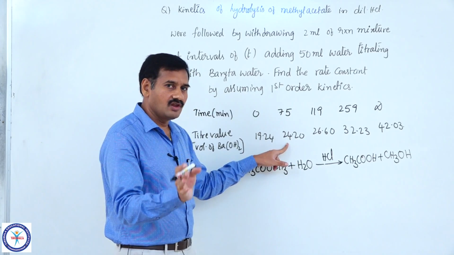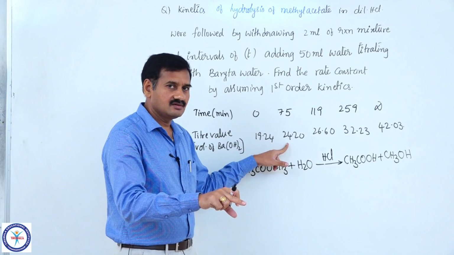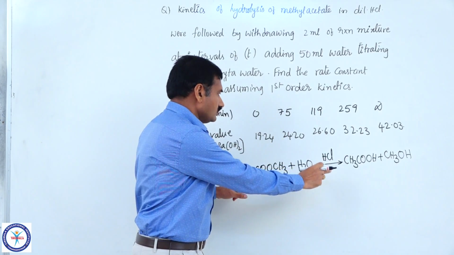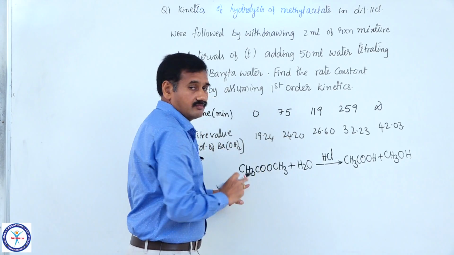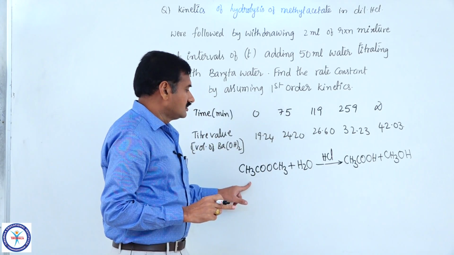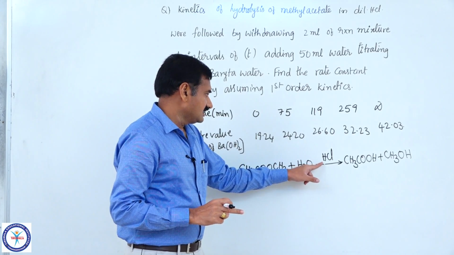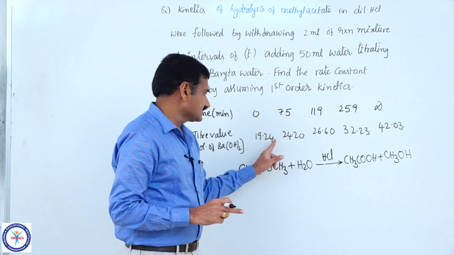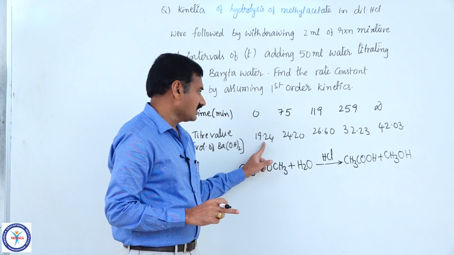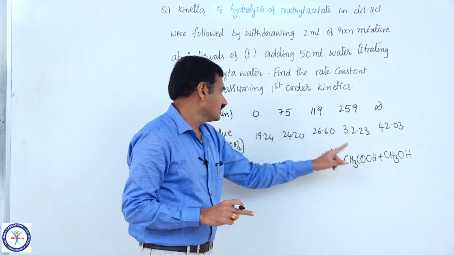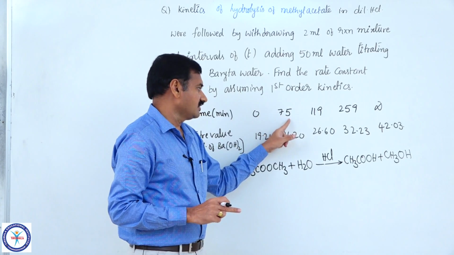Why is some extra volume of barium hydroxide required? Because some amount of acetic acid is produced from 0 to 75 minutes. So, 19.24 ml is for neutralizing HCl, 24.2 minus 19.24 is for neutralizing acetic acid produced in the time interval from 0 to 75 minutes.